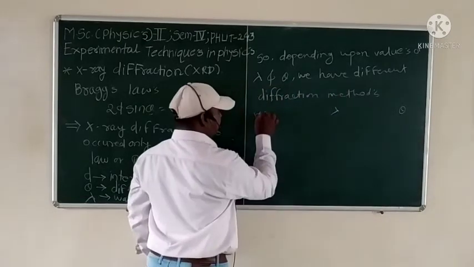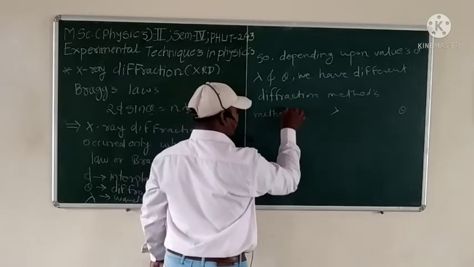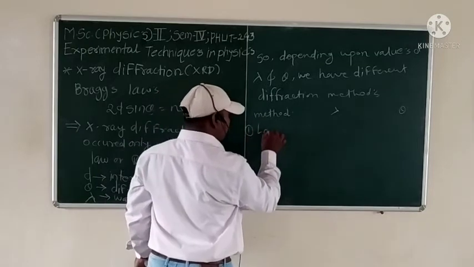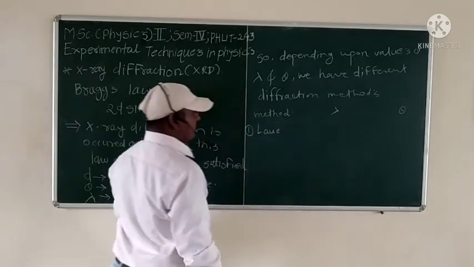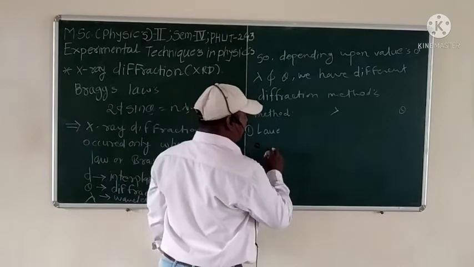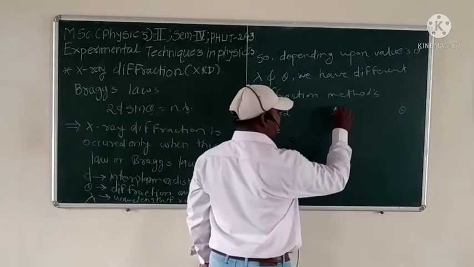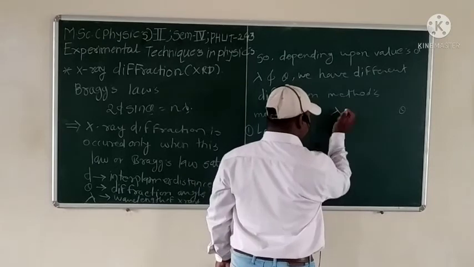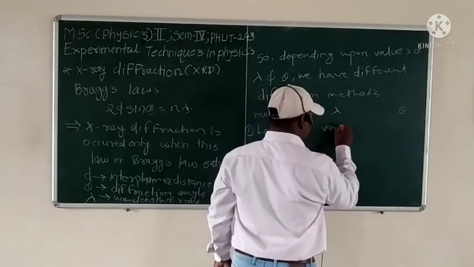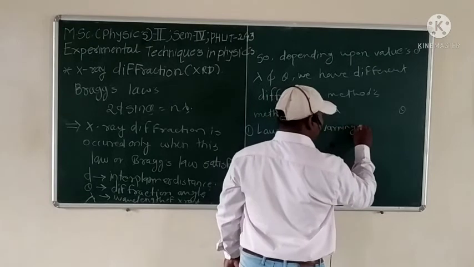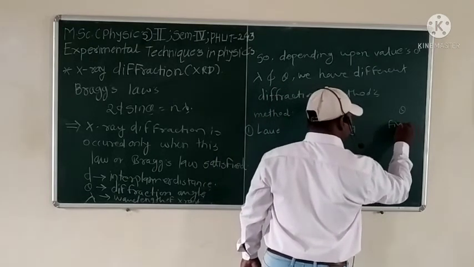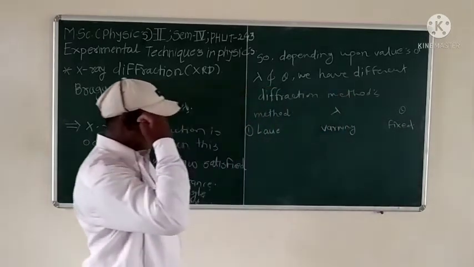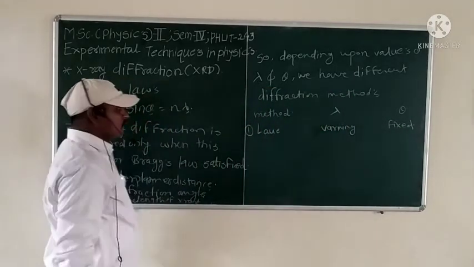Here we can see the methods. The first method is the Laue method. In the Laue method, the wavelength lambda is varying and theta is fixed. Okay, for a particular angle we do that.